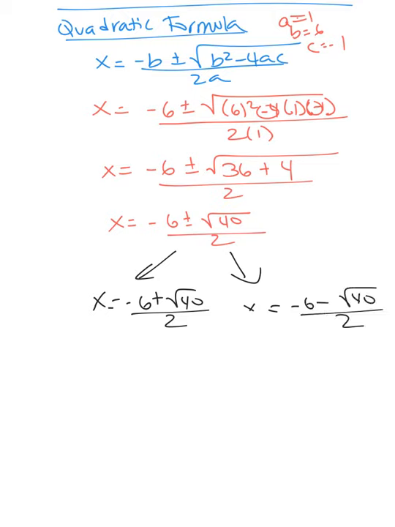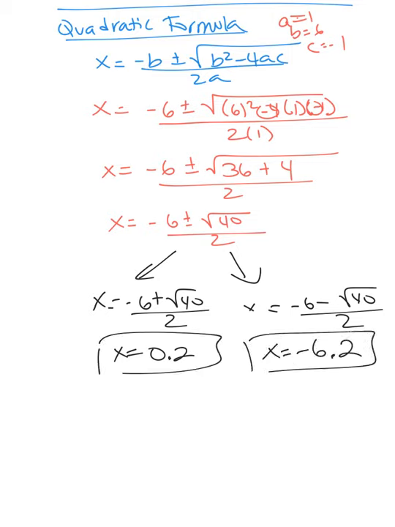If I do negative 6 plus the square root of 40, remember to hit equals, and then divide that by 2, I get, to the nearest tenth, 0.2. It was 0.162, but that rounds up to 0.2. And negative 6 minus the square root of 40, divided by 2, gives me negative 6.2. These are my two roots.